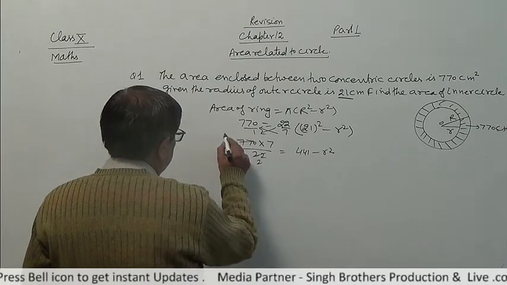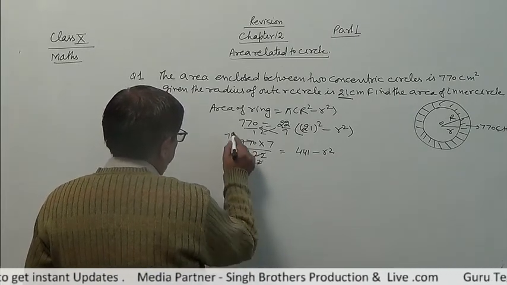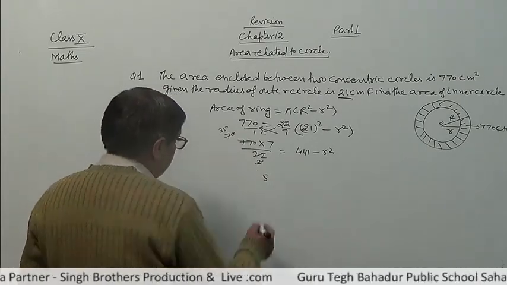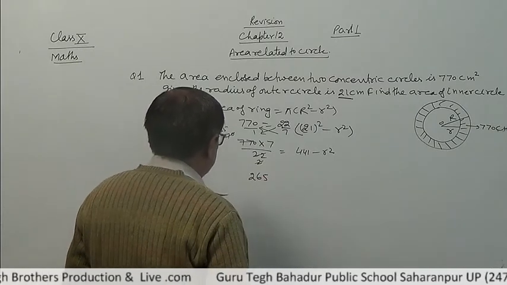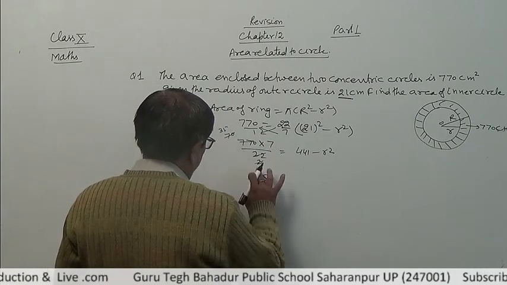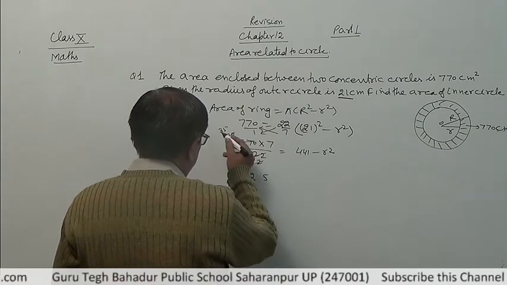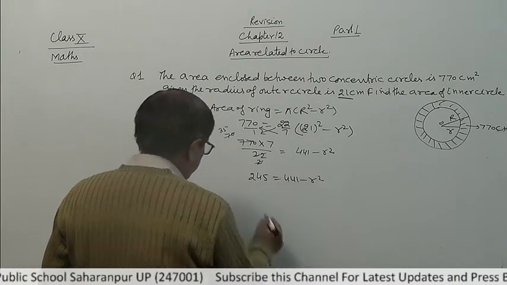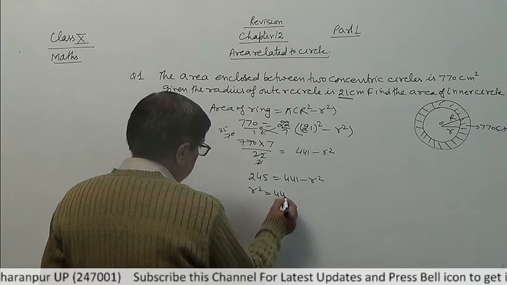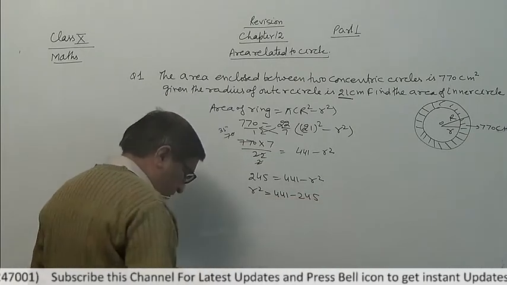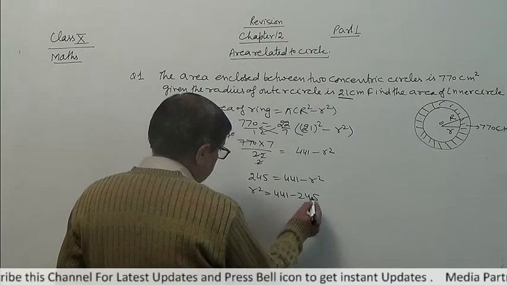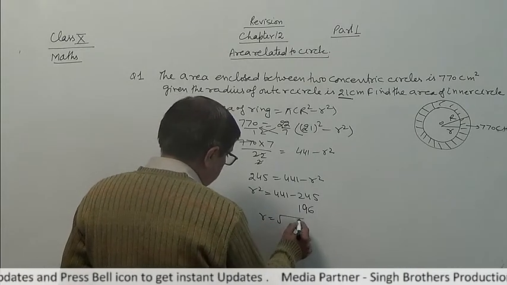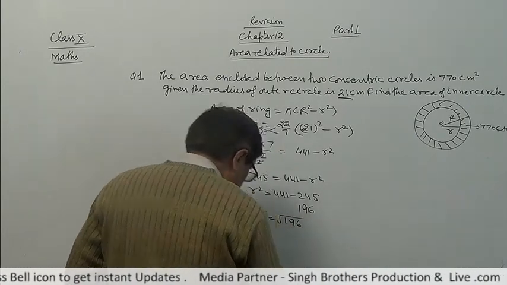11 2s are 22, 11 7s are 77, 2 35s are 70, 7 5s are 35, 7 3s are 21, so 245 equals 441 minus r square, and r square is equal to 441 minus 245, which is 196. r is equal to square root 196.